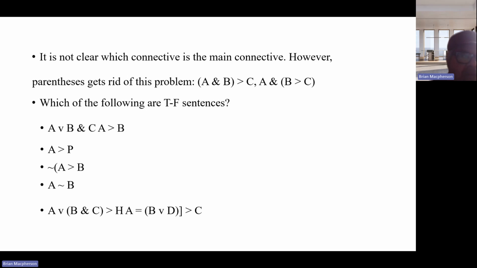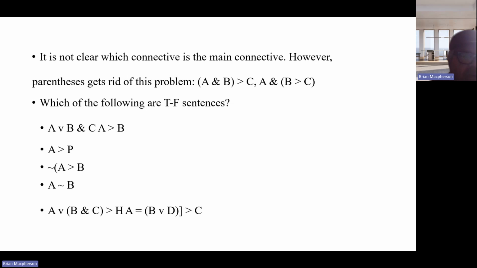A then P is not a sentence because P is a variable and not a constant A, B, or C. Not A then B, no parentheses, that is not a sentence because it's lacking parentheses. A tilde B, that is not a sentence because tilde is a unary operator, and so it can't be used as a binary operator. So A tilde B is not a sentence.